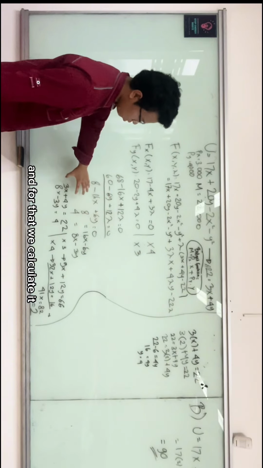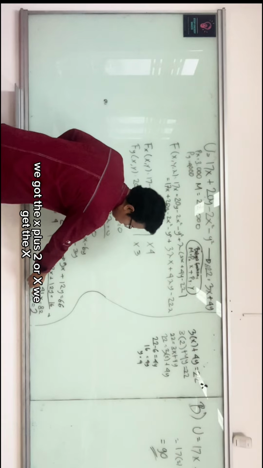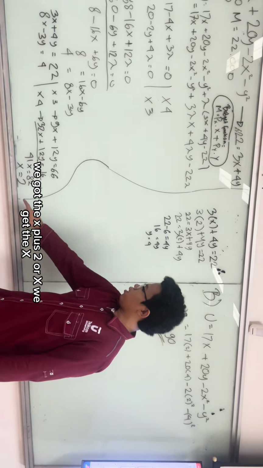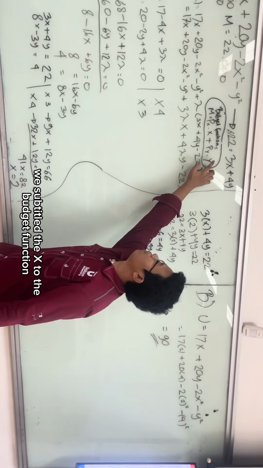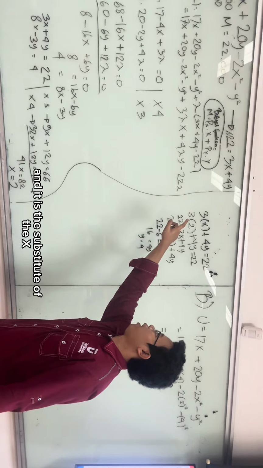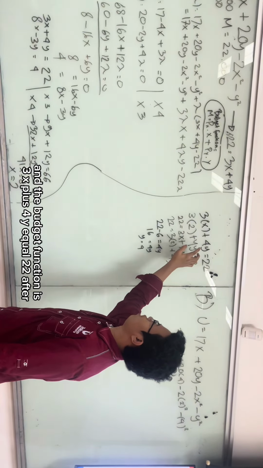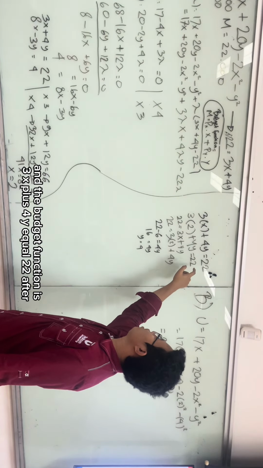And after that, we calculate it. We got x equal to 2. We substitute the x into the budget function. It is 3x plus 4y equal to 22.